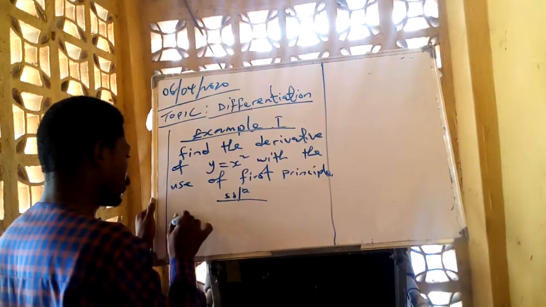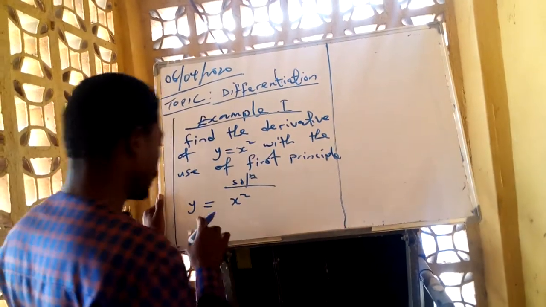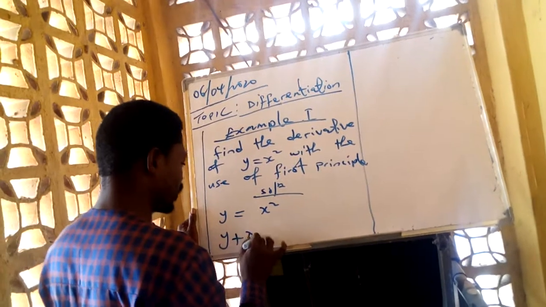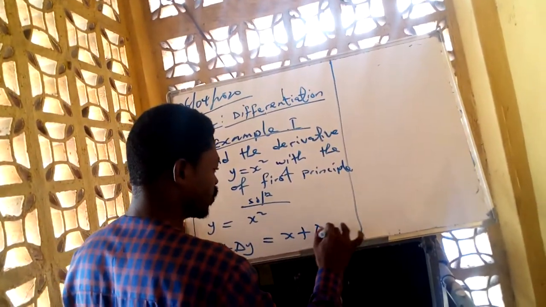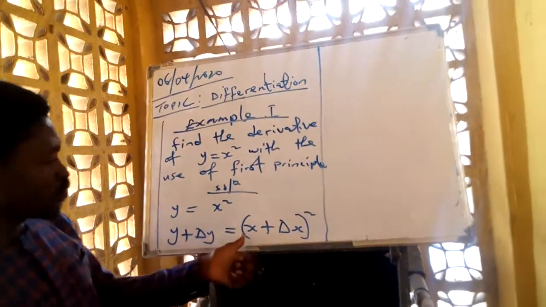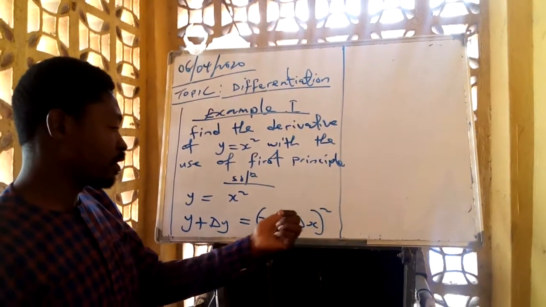Solution, you say y equal to what? X squared. Right? From here you come to discover that as your y is increasing, as delta y is increasing, then delta x is also increasing. So that when this one is increasing, you have (x plus delta x) squared. The squared is affecting everything in the bracket.